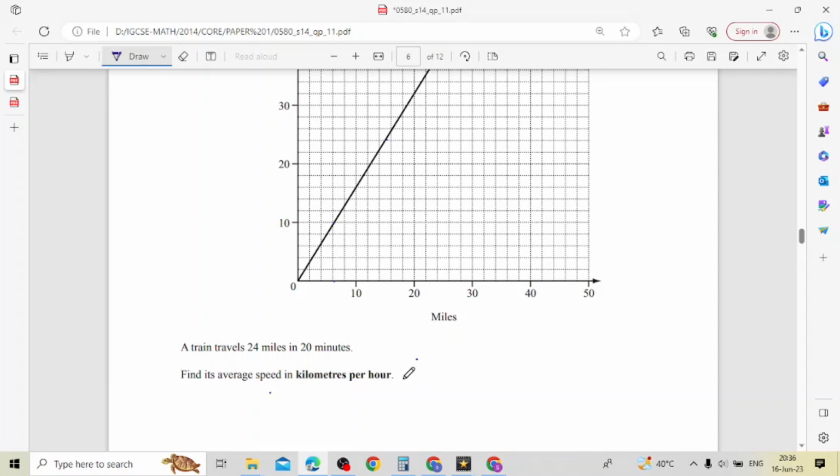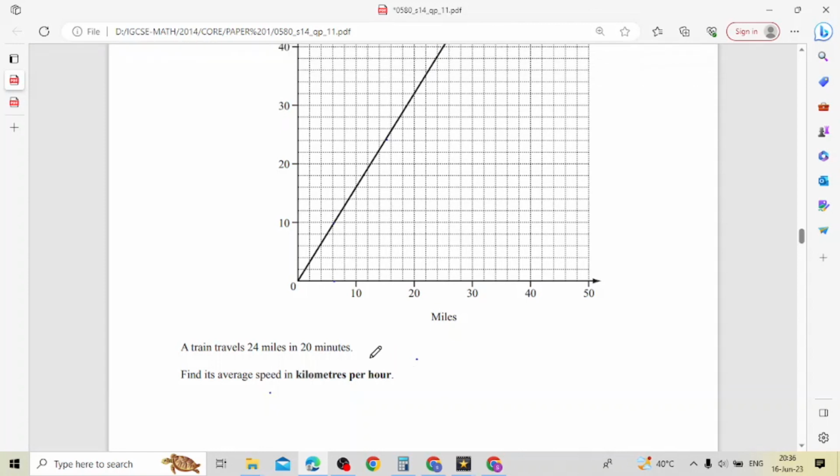For this, first, what we have from the details is 24 miles per 20 minutes, right?